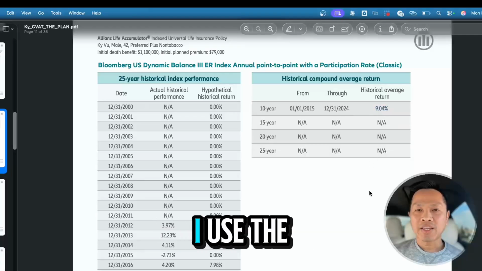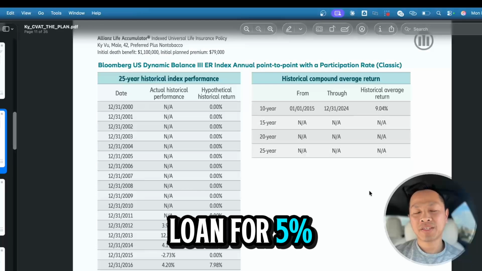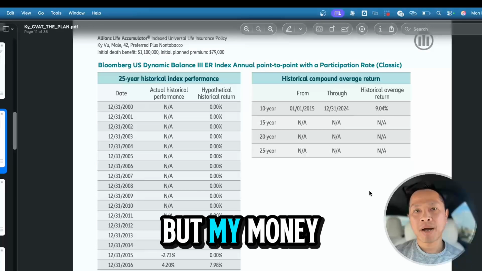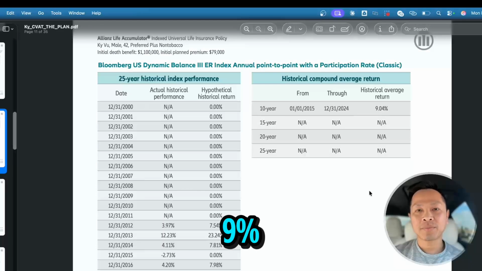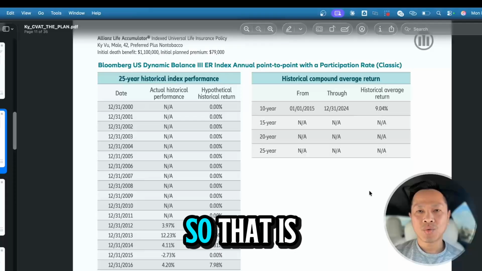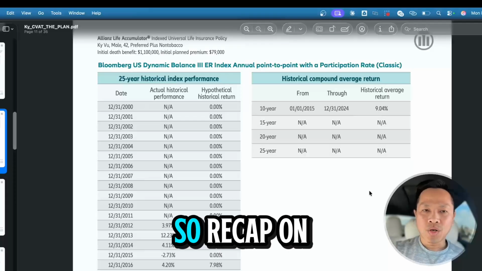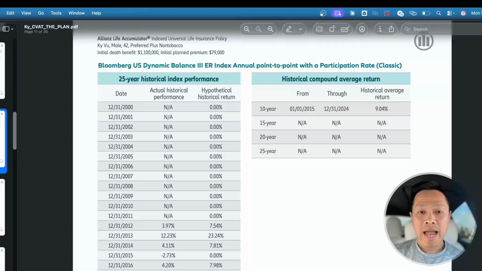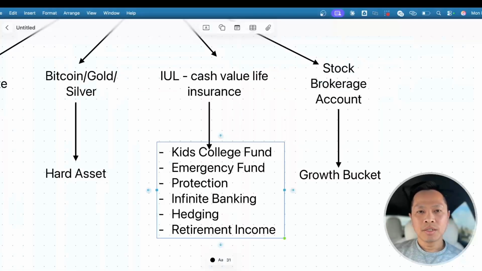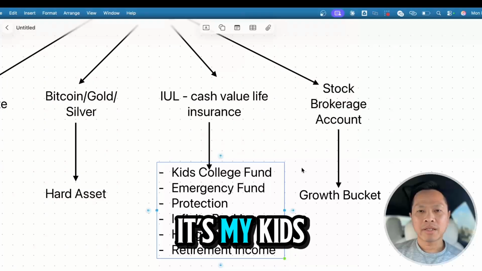If you think about it, I use the loan for 5%, but my money is compounding at 9%. So that is pretty crazy. So recap on what my IUL does for me, right? It's my kids' college fund.